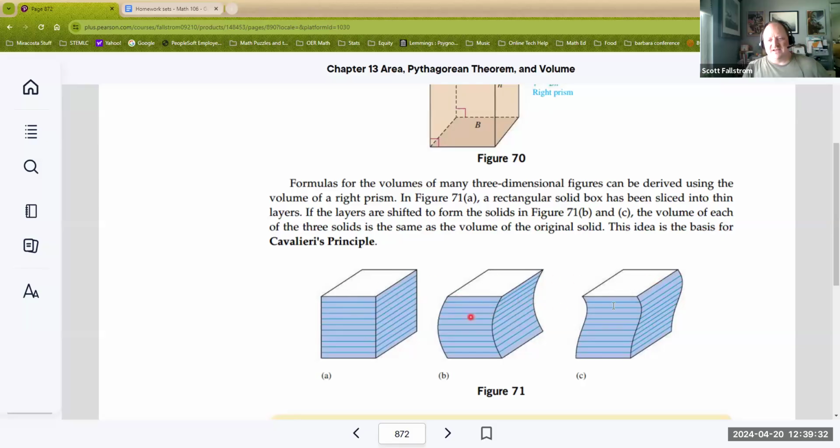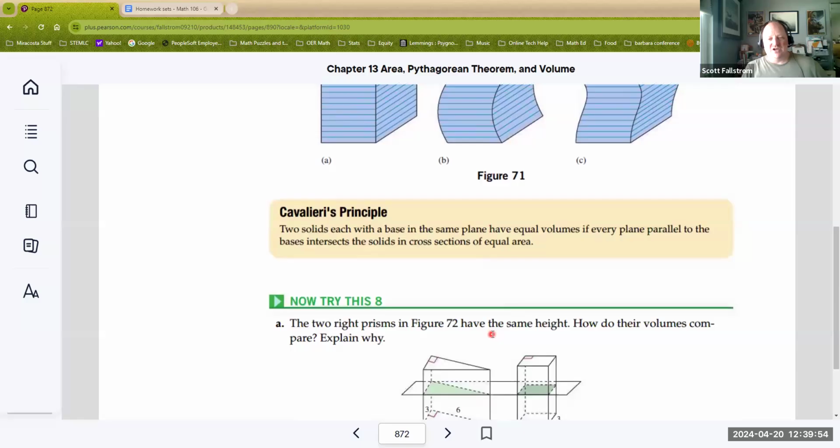So he took this as kind of slices, and he showed how if you add all the slices up, we get the same thing, which says it doesn't matter if it's shifted or straight up and down, it's the same. Now, again, the height from the top to the bottom would have to be the same to do this. If you twist it so the height from top to bottom is not the same, then of course that is not the same shape.